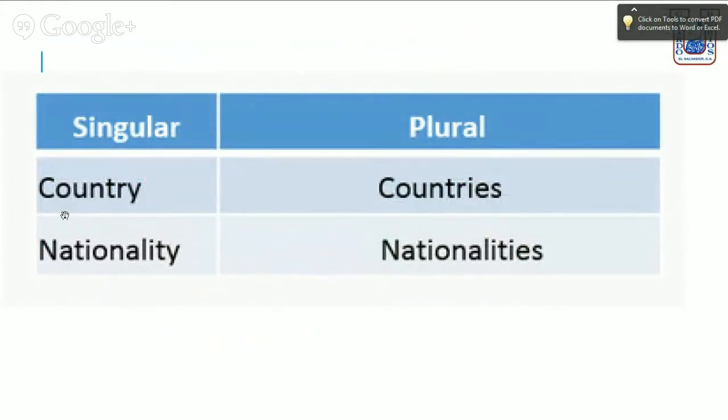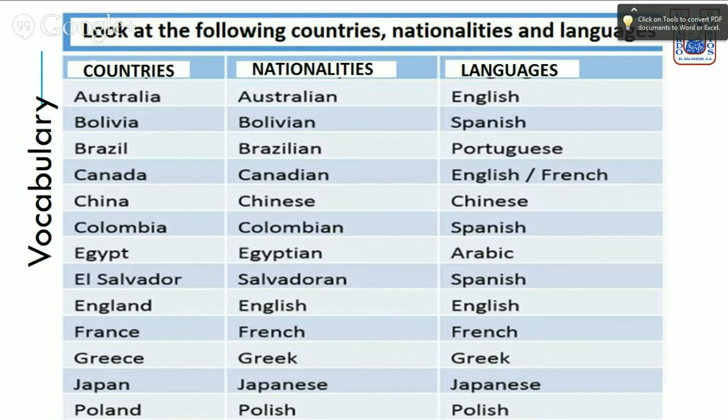Country is the singular form of the word, and plural is countries. Nationality is the singular form of nationalities, which is plural. So, siguiendo el objetivo, I want you to look at the following countries, nationalities, and languages.